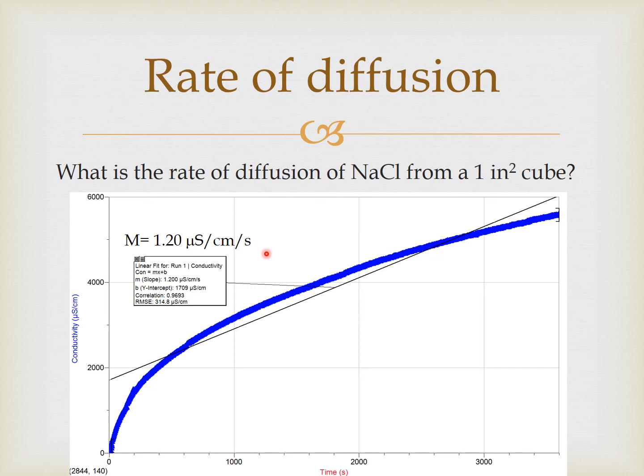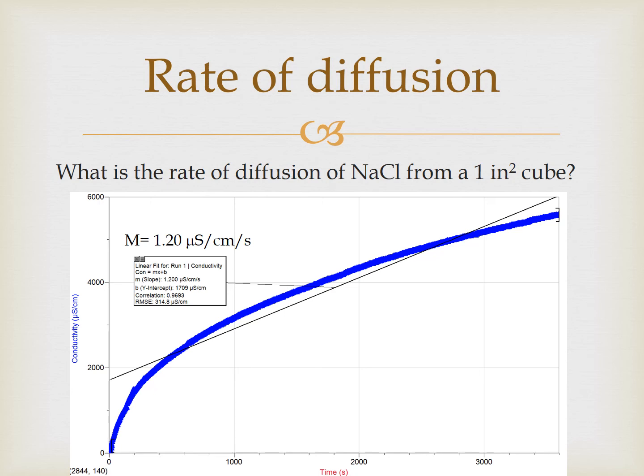And what you might not have noticed when you did this in lab was that you have a correlation, in this case it's 0.96, that says that it's very likely that over time, through diffusion, we see an increase in conductivity and that we are able to calculate a rate from that. But that really doesn't answer any of the questions that we had.